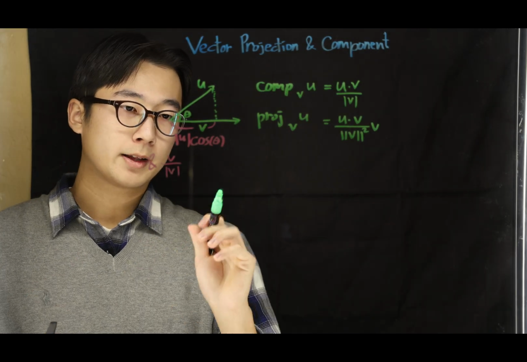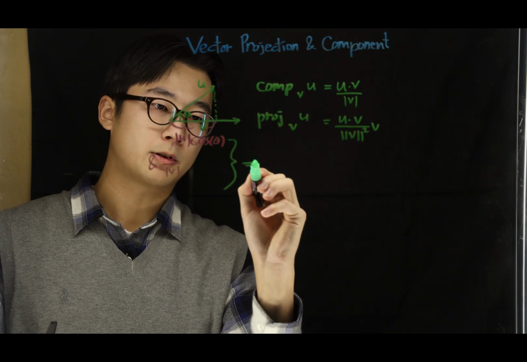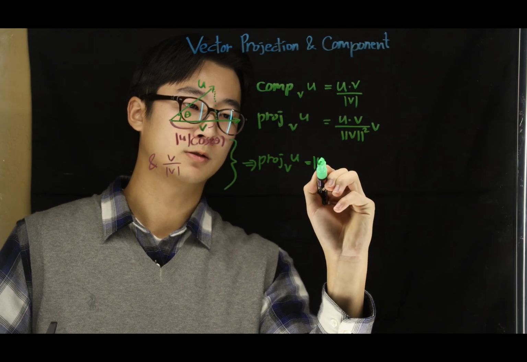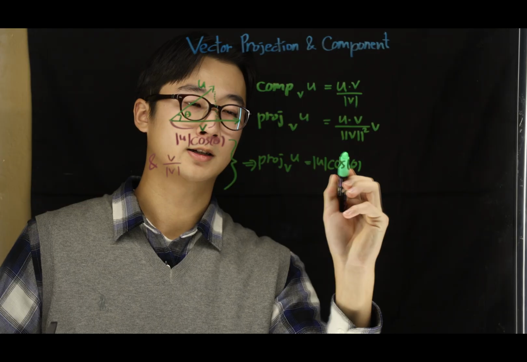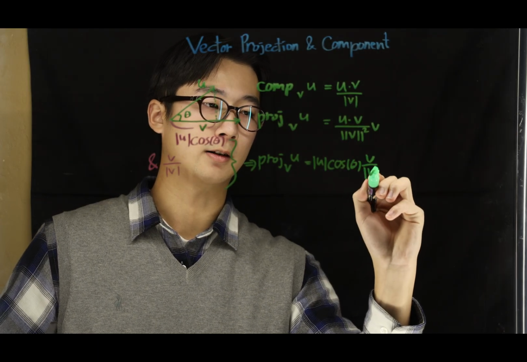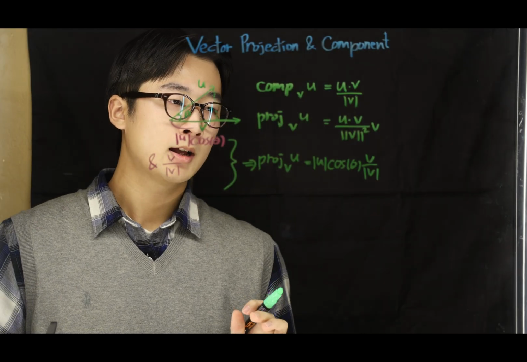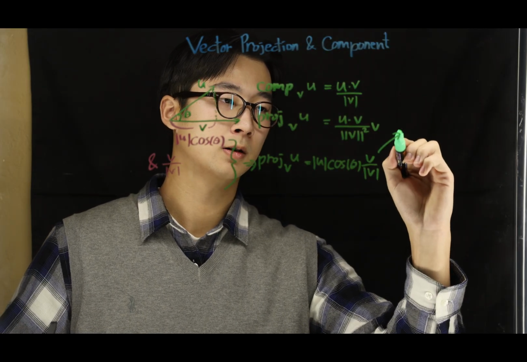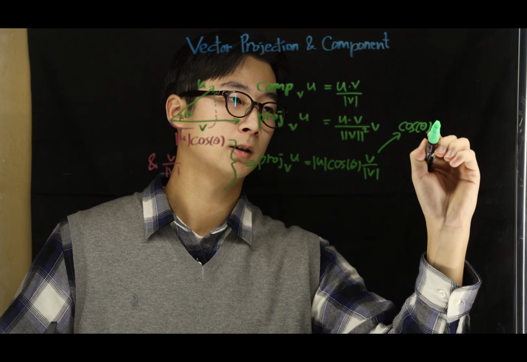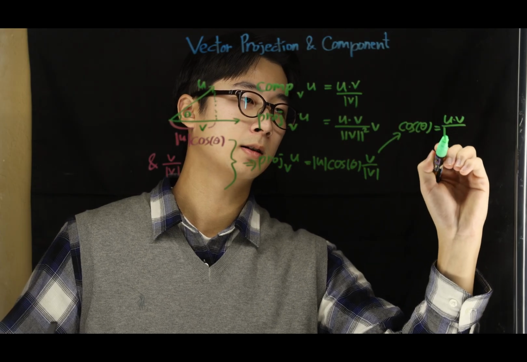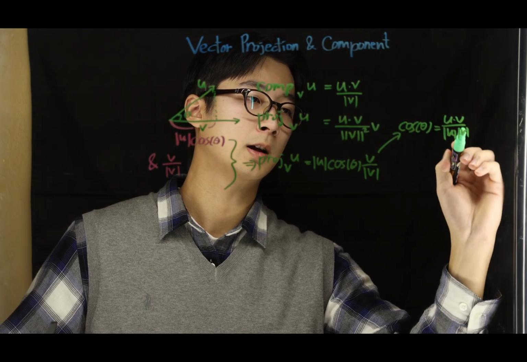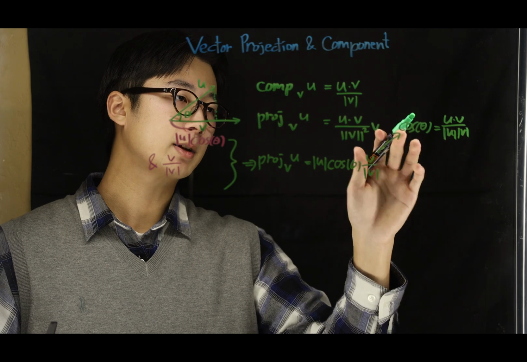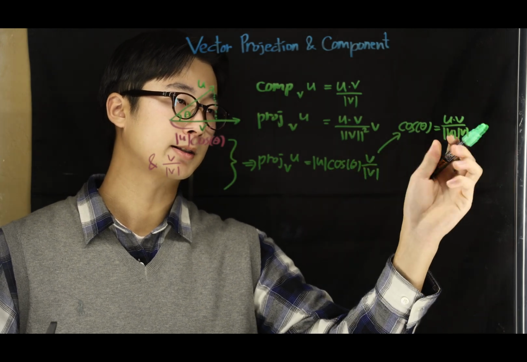So we can think of the projection of u onto v as equal to the magnitude of u times cosine theta times the unit vector of v. You need to note that the cosine is equal to the dot product u·v over the magnitude of u times the magnitude of v, by the definition of the dot product that we just learned. That means we can substitute this cosine by this term.